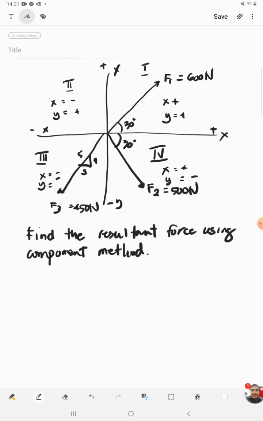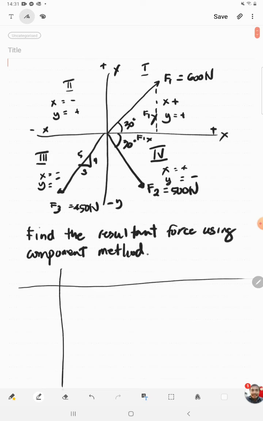So how do we resolve the components of the force? We can put it this way. This is our F1, and along this line is your F1x, and along this one is your F1y. We can put it in a table so that it will be easy for you to solve the problem.